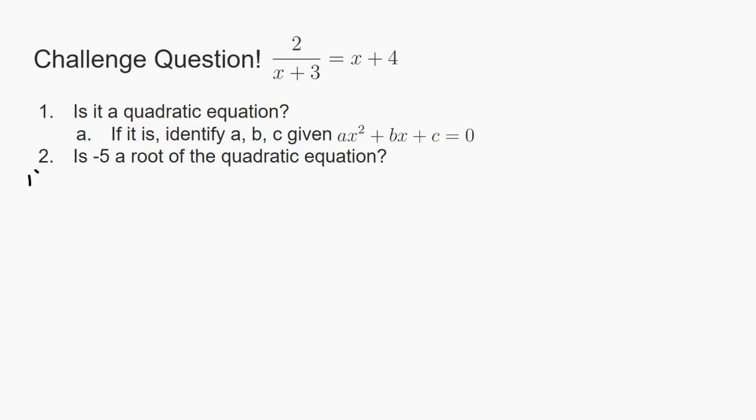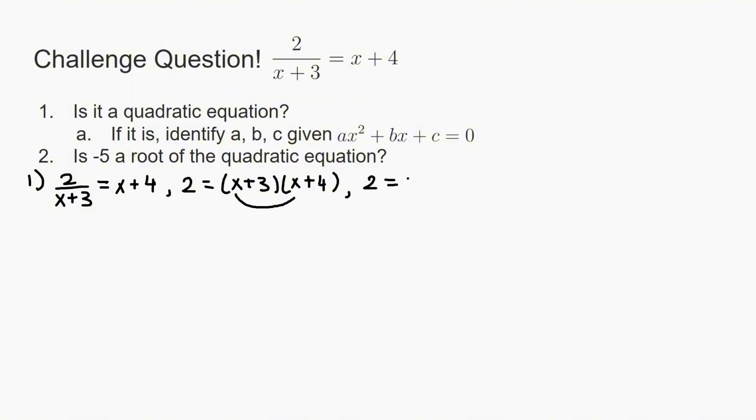So we do 2 equals x plus 3 times x plus 4. Okay. Now we're going to use FOIL to multiply this out. First, x times x, which is x squared, outside, which is x times 4, going to be 4x, inside, which is going to be 3 times x, which is 3x.